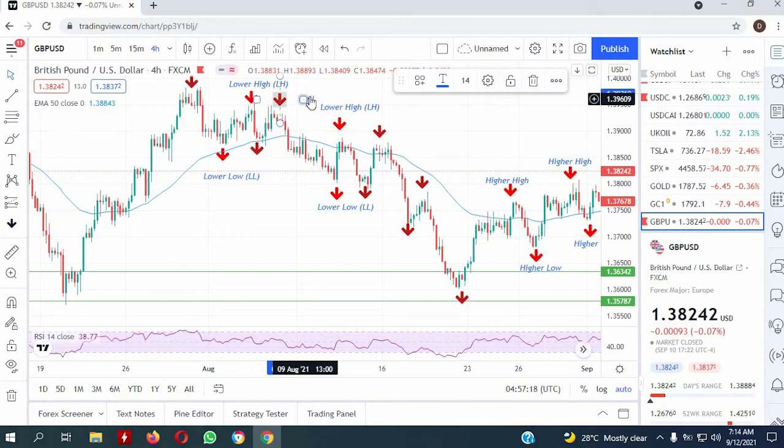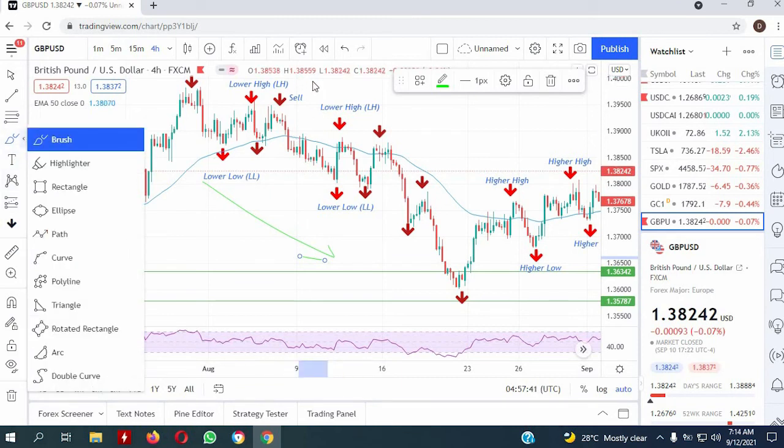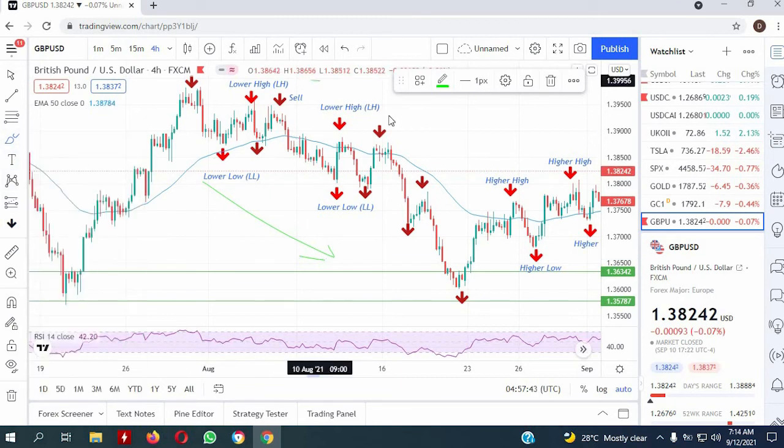Right, first sell is right here. When the market pushes further down and pulls back to the previous lower high, you want to watch what the market will do at that level before entering.